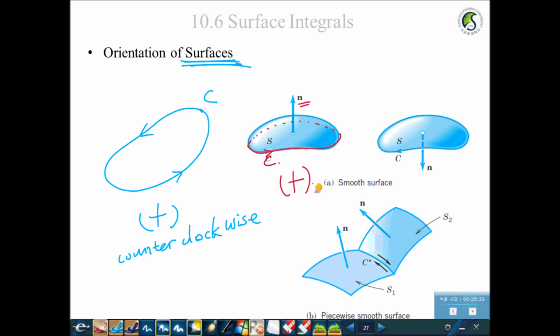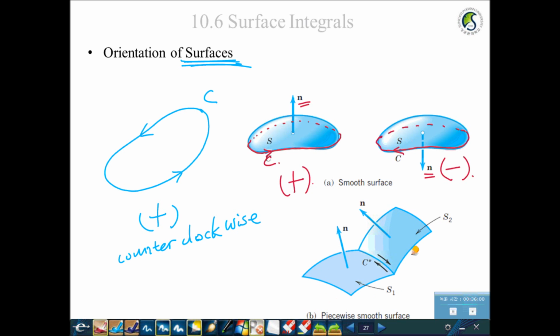On the other hand, if C has clockwise rotation, then your hand should be flipped down. Then it's negative, and that's a negative surface. And you could have a piecewise surface too.